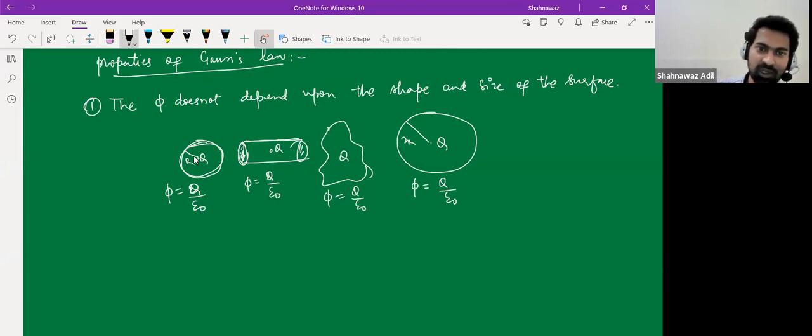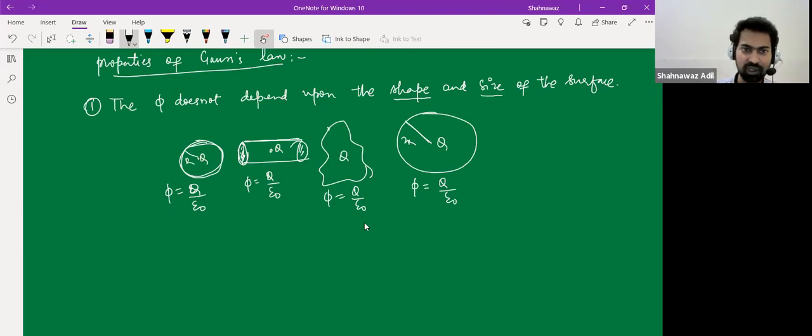So this is only dependent upon how much charge is enclosed. Understood? Yes, sir. And this figure tells that it does not depend upon the size of the sphere. Here the size was small, here the size was bigger, but for both these cases the flux was the same. So this tells that the flux does not depend upon the shape and size of the surface. Understood?